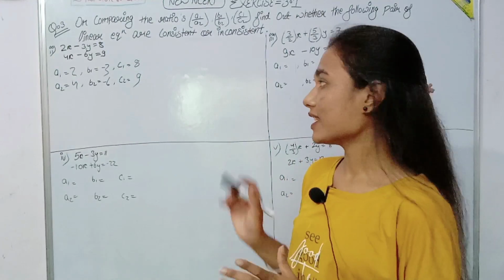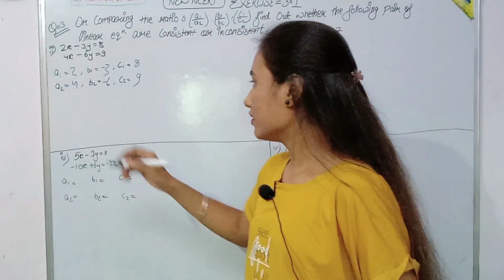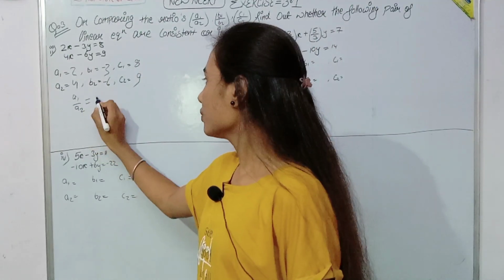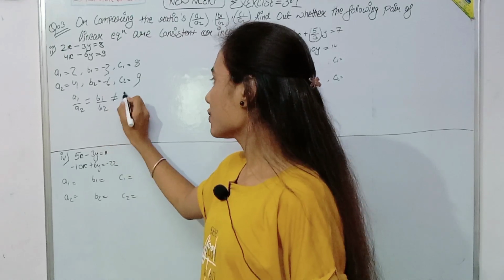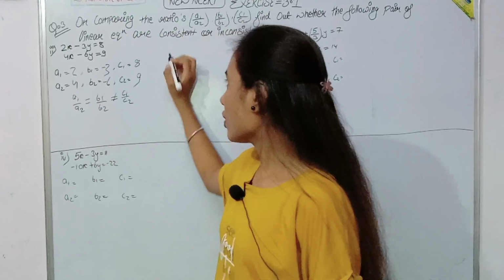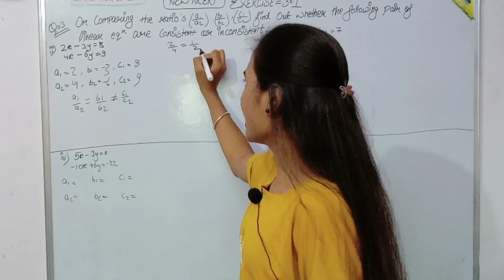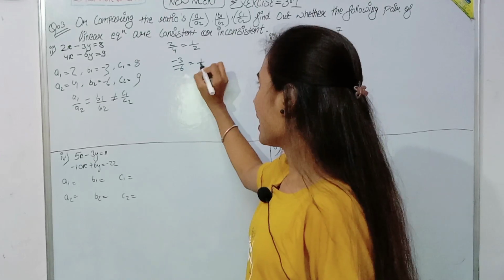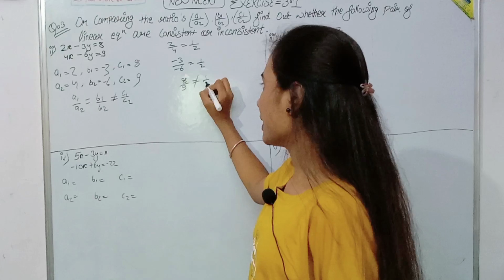Then which condition applies here? Firstly, we check a1 upon a2 equals b1 upon b2 is not equal to c1 upon c2, because here 2 by 4 we can write as 1 by 2, minus 3 by minus 6 is 1 by 2, but 8 by 9 is not equal to 1 by 2.